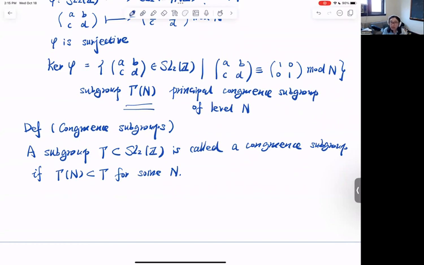If there is a gamma of n inside gamma, then this subgroup gamma is called a congruence subgroup, if it contains a principal congruence subgroup.